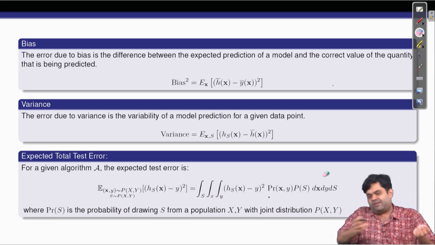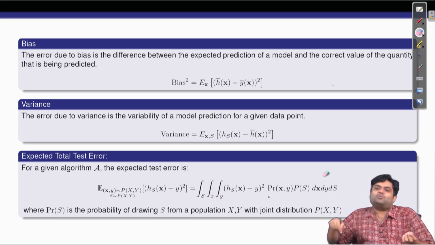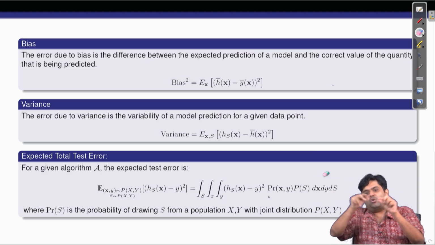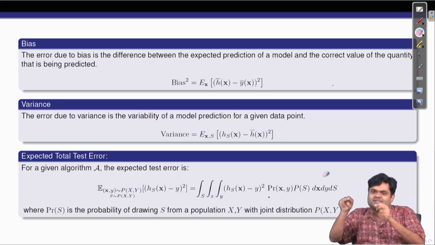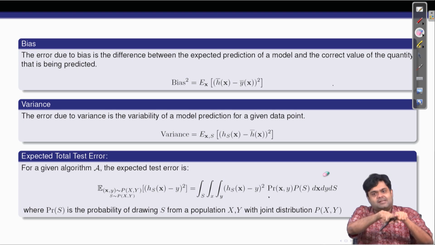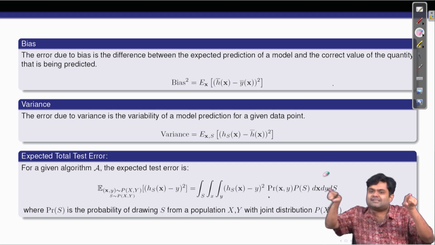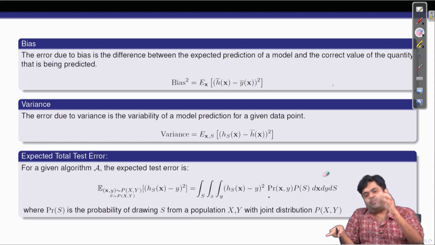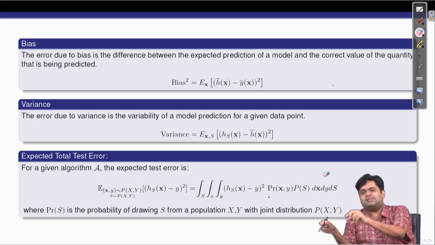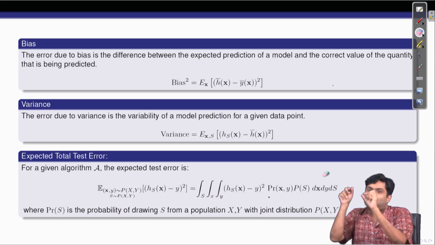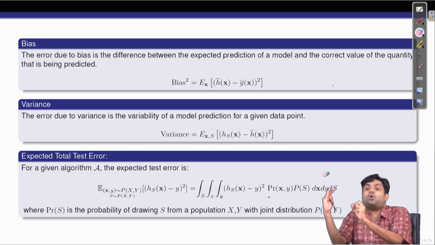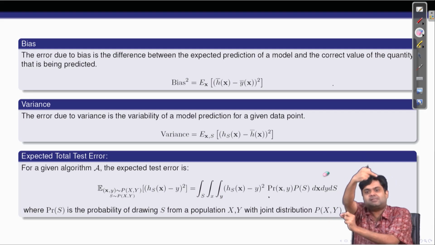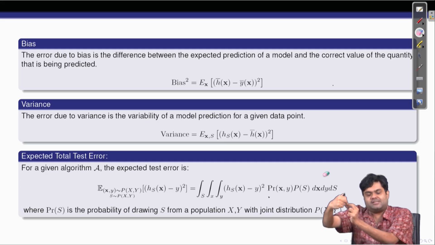Based on the sample, whatever input you give, it can only search in a finite domain, amongst finite possible models, and it is looking for the best model that fits that sample. For every sample, it is only searching in that finite domain. So, when you are fitting over the samples, you find a center of that search space, whereas there is an actual center in the population. The difference between this search space center and the population center is your bias.